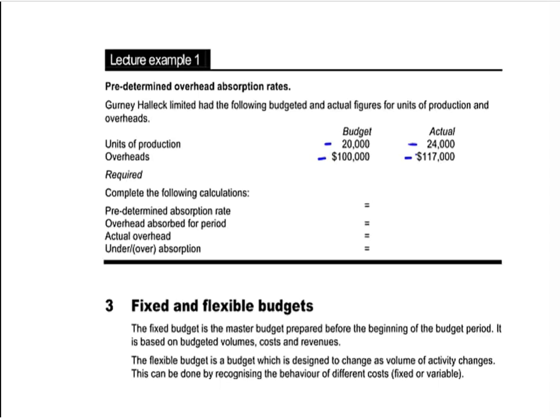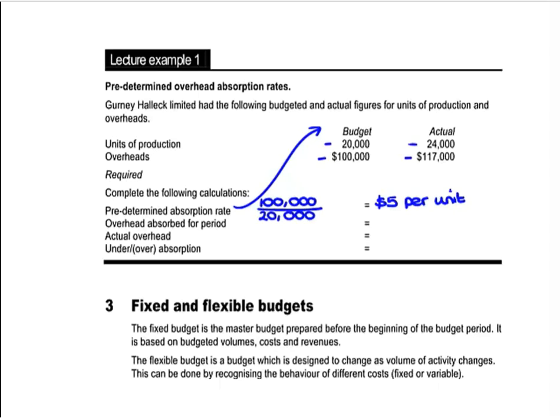So the predetermined overhead absorption rate then is always based upon the budgeted figures. So we've got $100,000 and we were planning to make 20,000 units. So the overhead absorption rate is going to be $5 per unit.